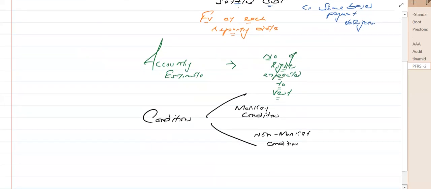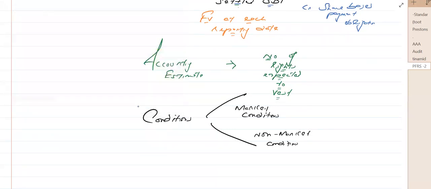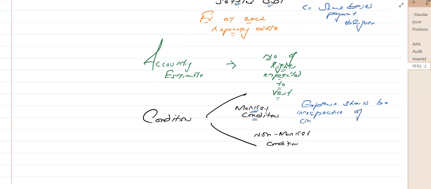So with respect to the market condition, for example, the share based payment depends upon the share price. And for example, you have to take the share price up to a certain level. Then the standard says that the expense should be recorded irrespective of conditions being met.